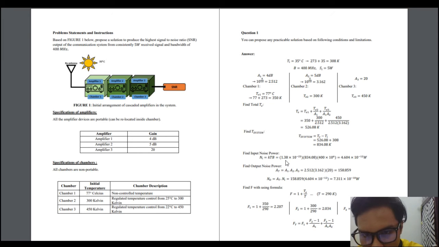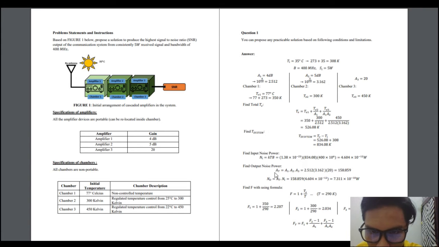K is the constant 1.38 multiplied by 10 to the power of negative 23, T is T system, and B is bandwidth, 400 MHz. So noise power is 4.604 multiplied by 10 to the power of negative 12 watt.